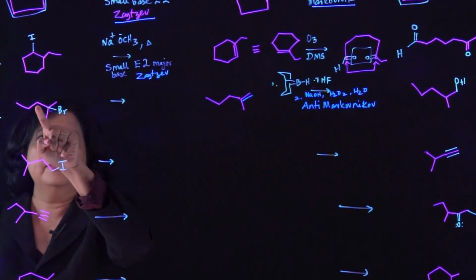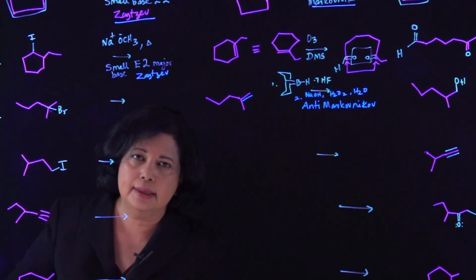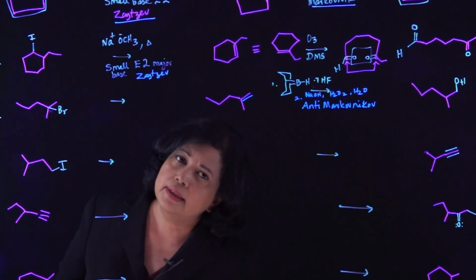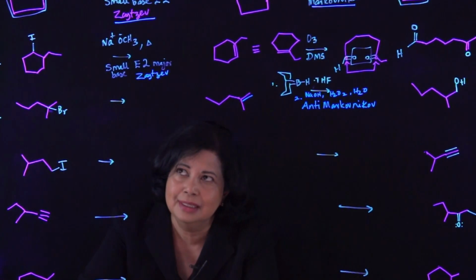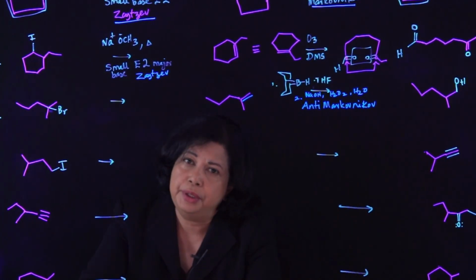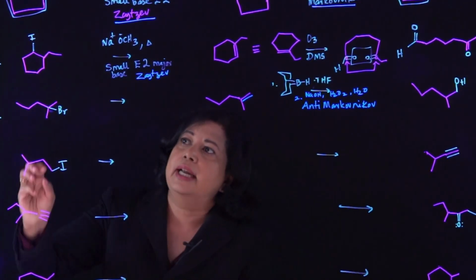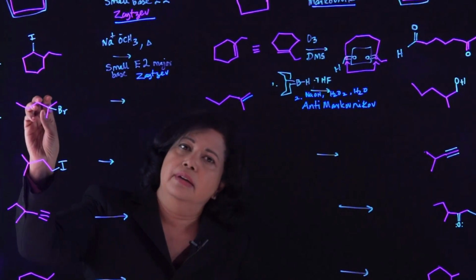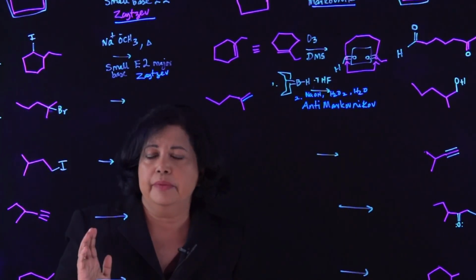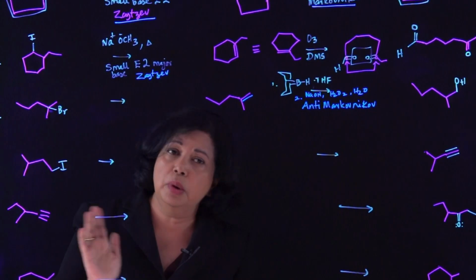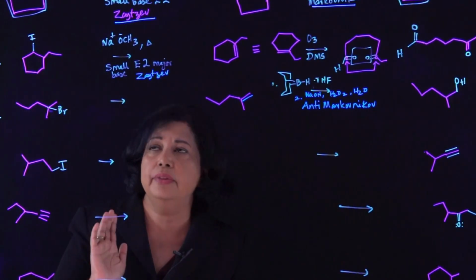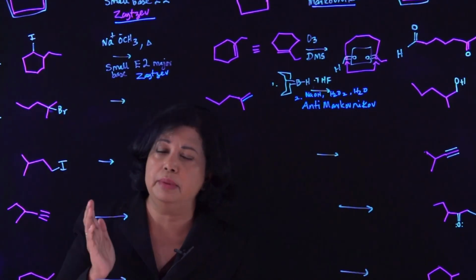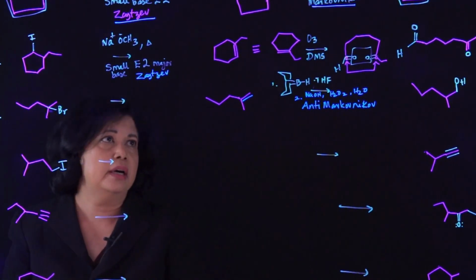If you did Zaitsev, you're going to get the more substituted alkene. How did we do anti-Zaitsev or Hofmann? We brought in huge bases that just couldn't get in here. Some of the bases only did E2, and those are DBU, DBN, even tert-butoxide.